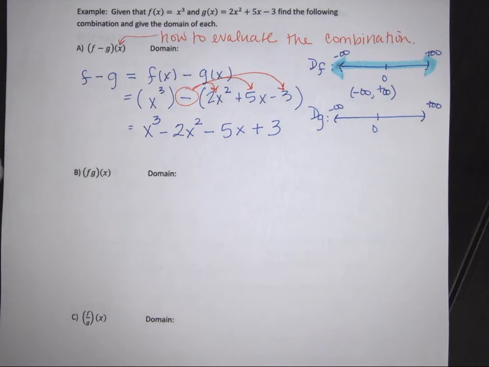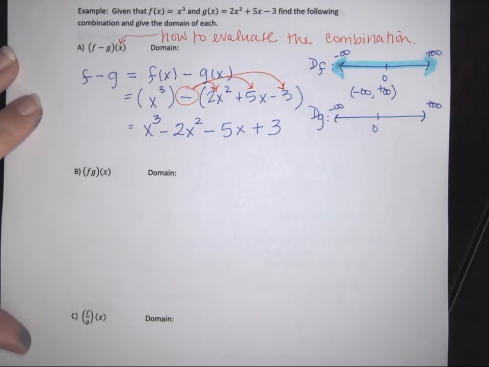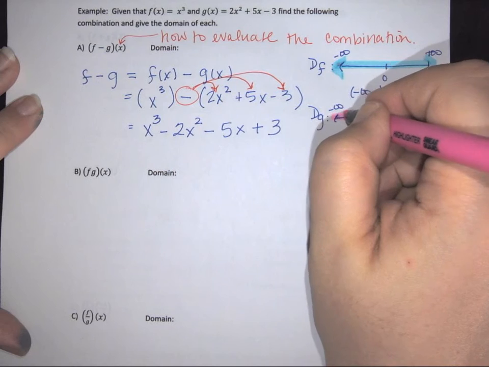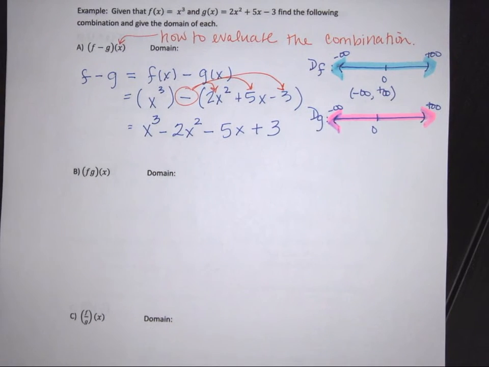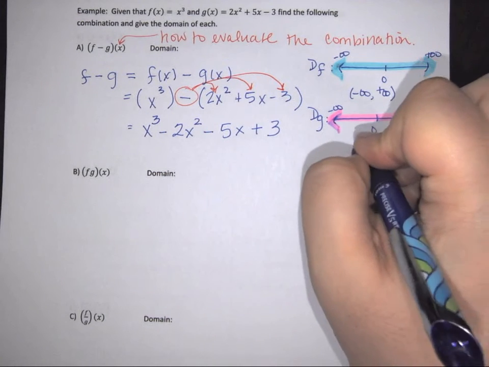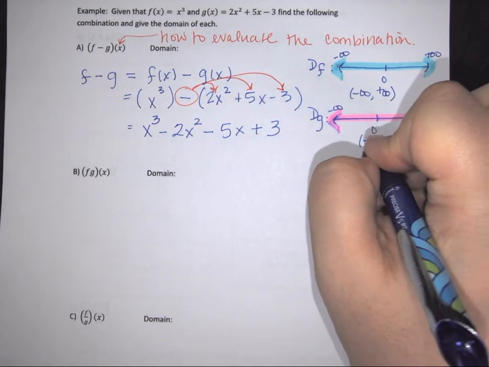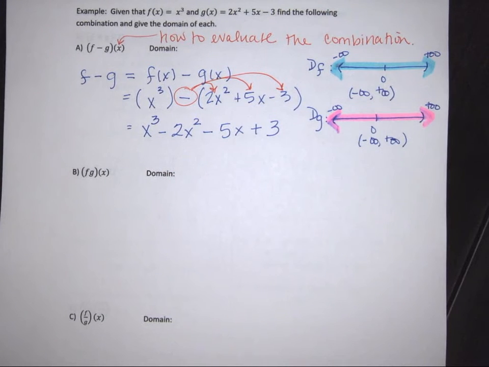So here I have 2x squared plus 5x minus 3. Well, what do we know about quadratics? It doesn't matter what your x value is, you'll always get something out. So it is going to be all real numbers from negative infinity to positive infinity.